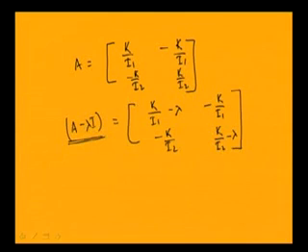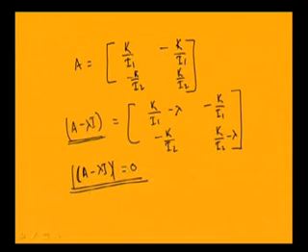After finding this, if you want to find the eigenvalues, you first find the characteristic equation, determinant of A minus lambda I equal to 0. This will give you the values of lambda, and the eigenvectors x you can find by finding the adjoint matrix of A minus lambda I.